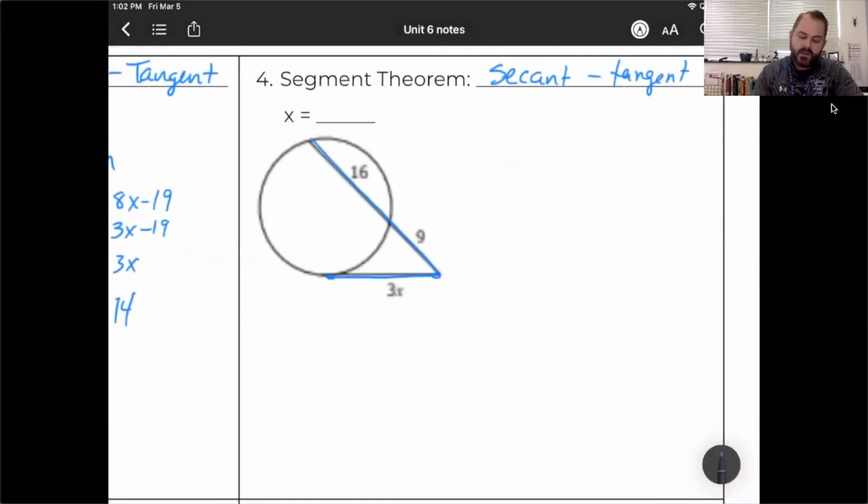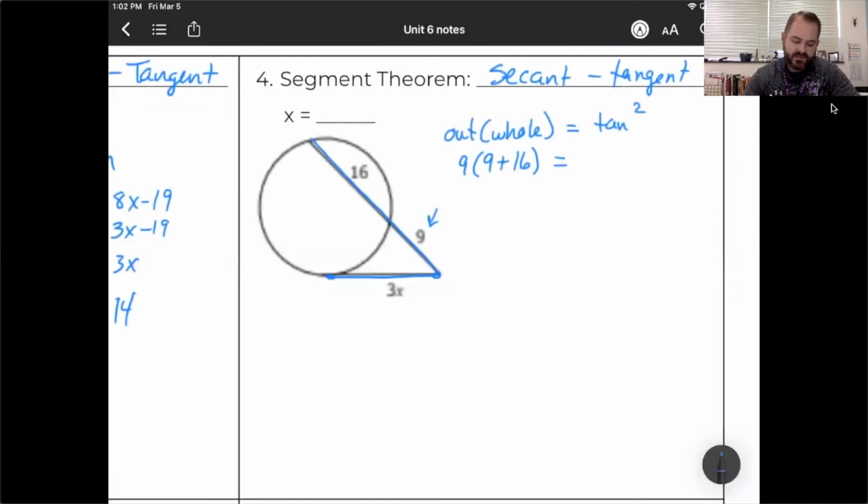And that relationship is the outside times the whole thing for the secant equals the tangent squared, or the outside squared of that tangent. So the outside times whole of this secant, there's the outside, 9, times the whole thing would be 9 plus 16, has to equal this tangent or outside part squared.